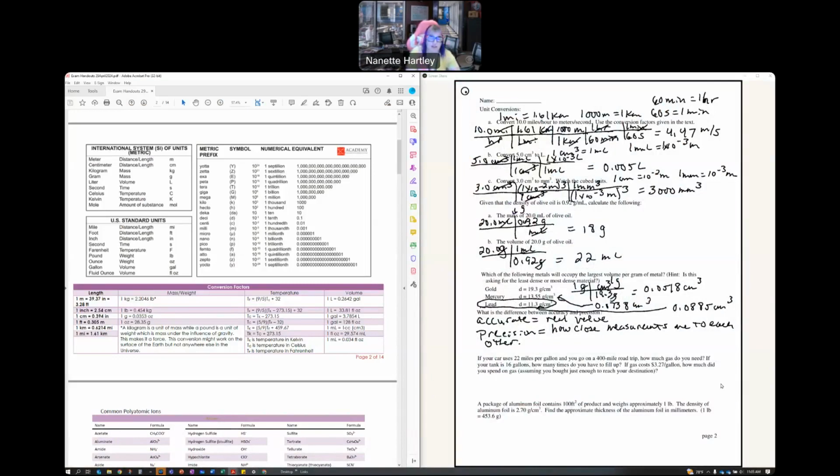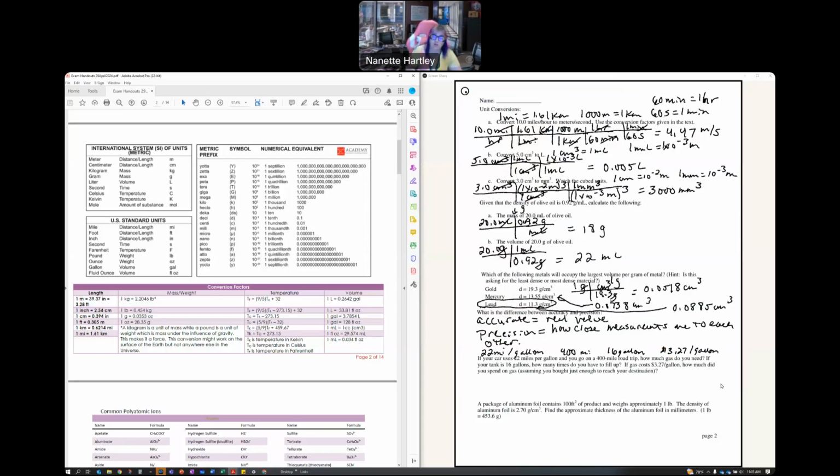So the first thing I look at is 22 miles per gallon, and I write that down. And I'm actually going to put it up here. 400-mile road trip, 16-gallon tank, and $3.27 per gallon.